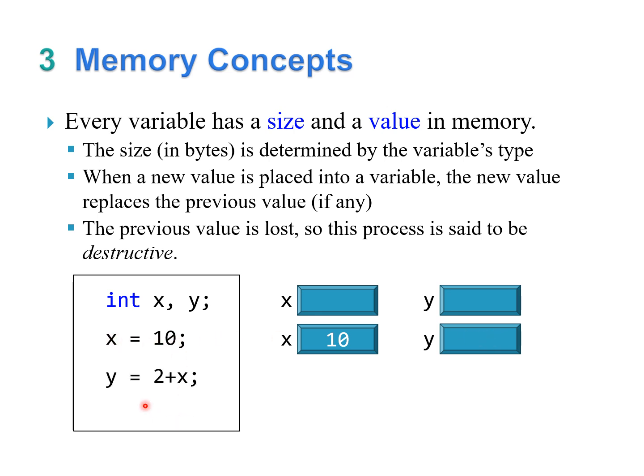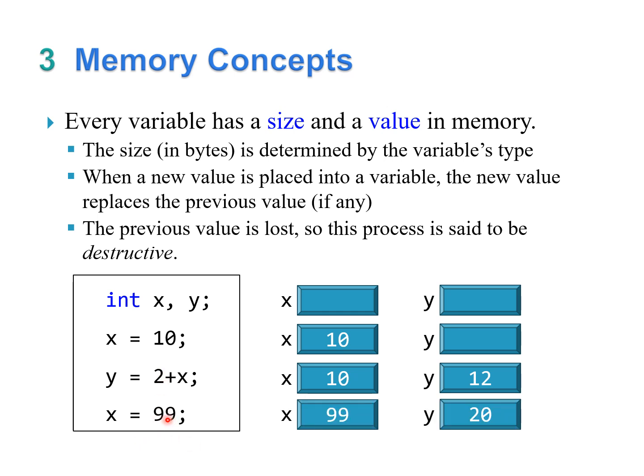Then we assign y to 2 plus x. Then y gets the new value of 12, and x's value is not changed after this second assignment statement. Then we assign x to 99. This places the new value 99 into x, so its previous value of 10 is lost after this assignment statement.